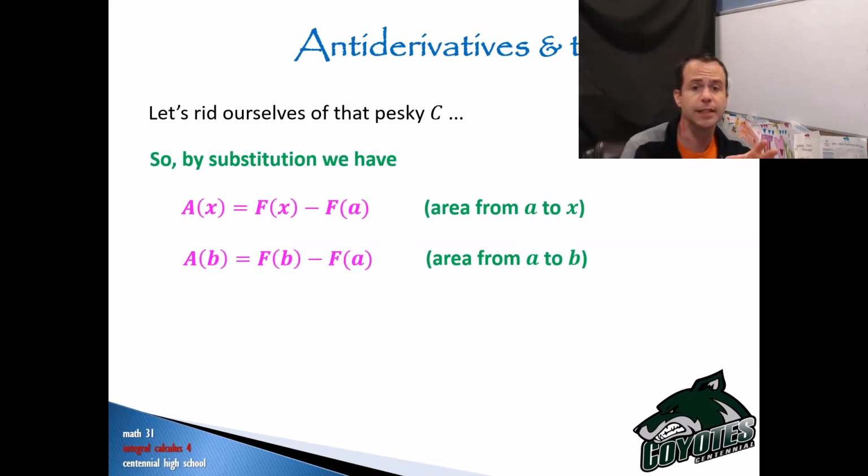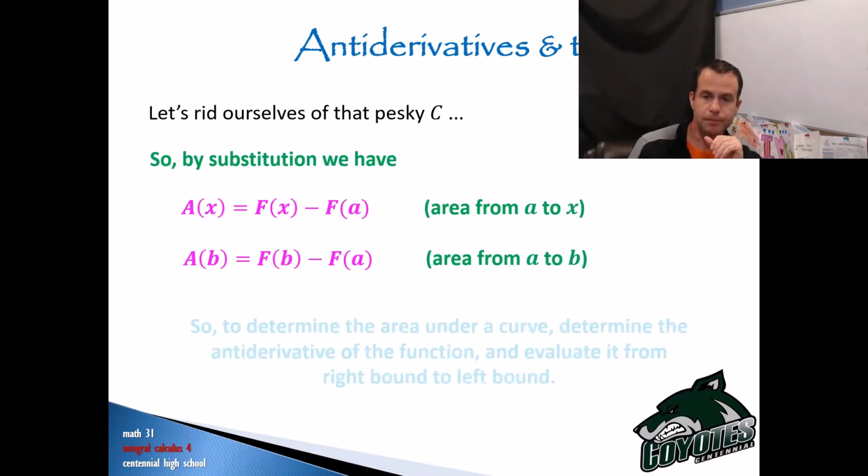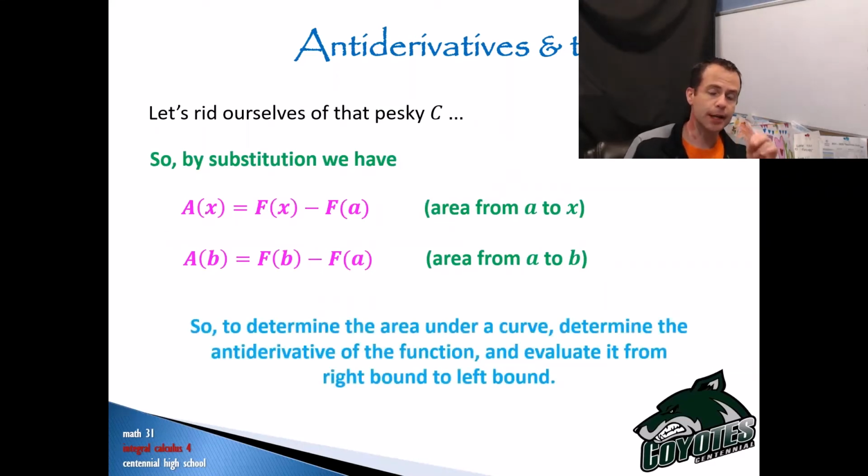Essentially, I need you to see here that the area is calculated by going f of the right bound minus f of the left bound. So to determine the area under a curve, determine the antiderivative of the function and evaluate it from right bound to left bound.